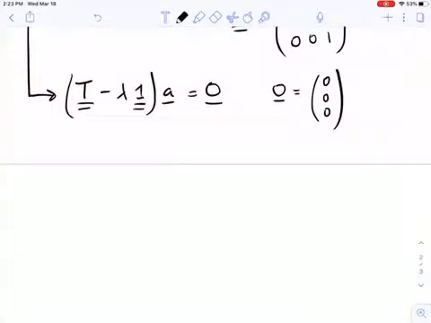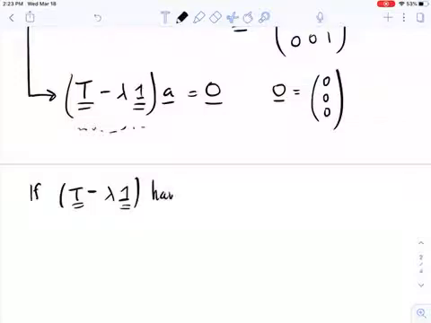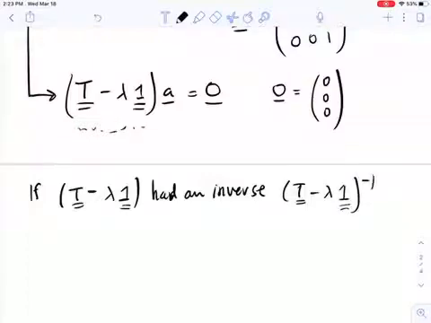So if we supposed that this square matrix in the brackets here, so everything in the brackets, had an inverse, if T minus lambda times the identity had an inverse, right? Not all square matrices can be inverted, but let's suppose that we could invert this square matrix, so that we'll write the inverse as the following.